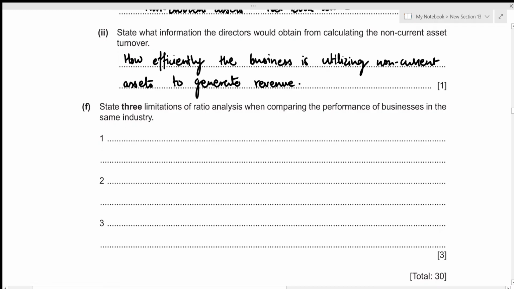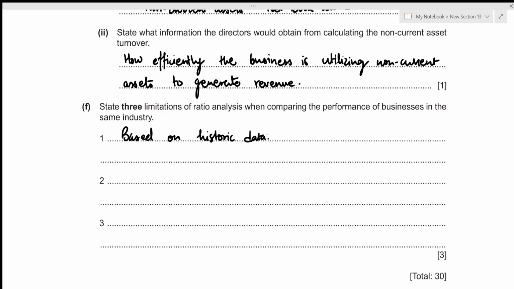We need to state 3 limitations of ratio analysis when comparing the performance of businesses in the same industry. Okay, the first one is that the values that we use in ratio analysis are actually based on historic data. This is because by the time the financial statements of a company is published, there is actually a time gap of maybe 6 months to a year, right?